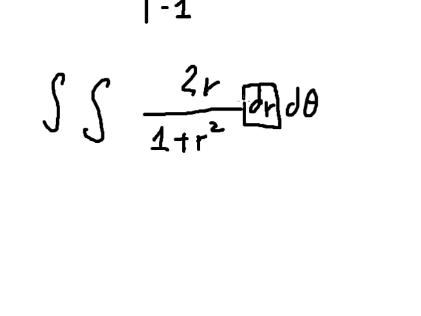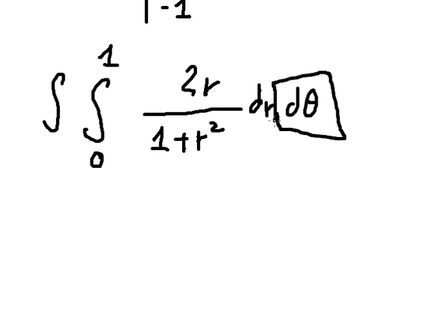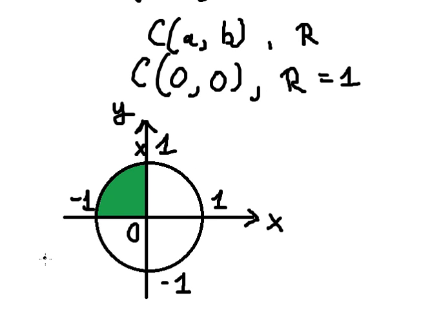About dr, that is the radius of the circle, so that should be from 0 to number 1. For d theta, we start from here and we stop in here. So this one is pi over 2, and this one is pi.